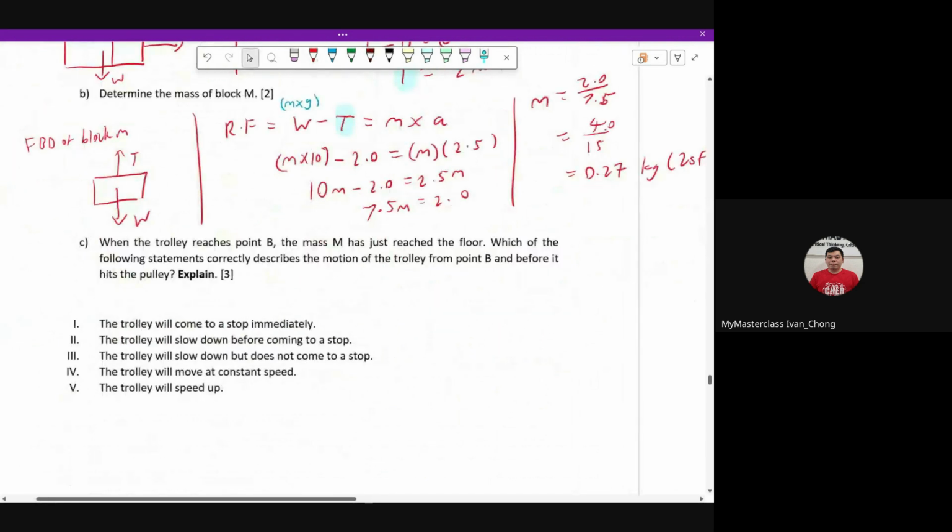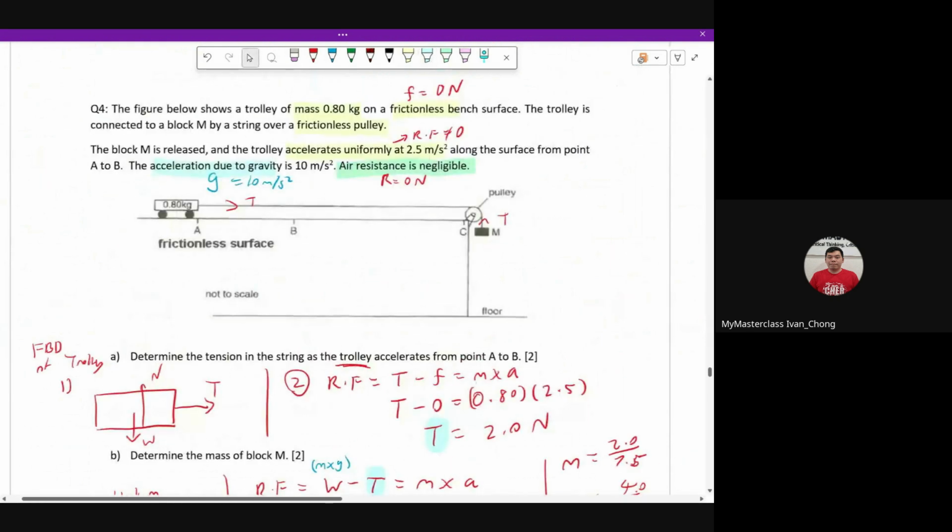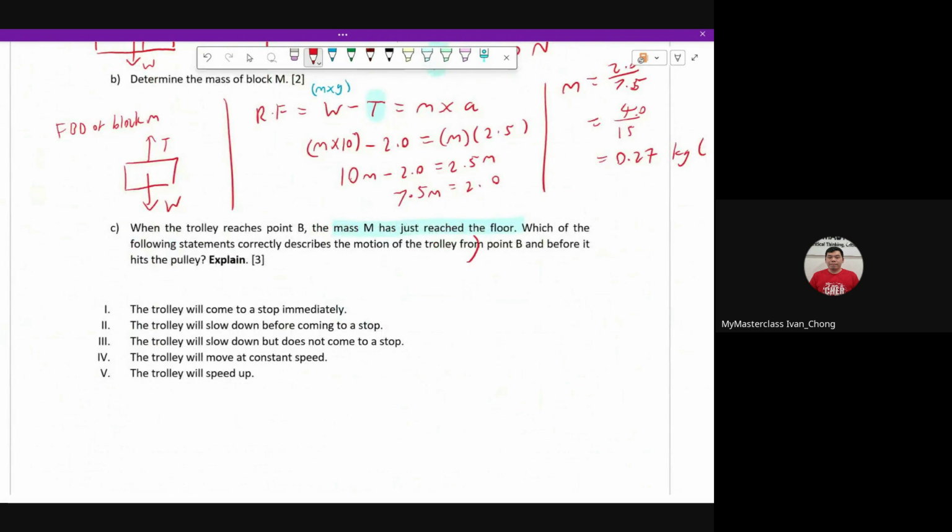Next one. When the trolley reaches point B over here, the mass M reaches the floor. So if mass M reaches the floor, what does that mean? It means no more tension.